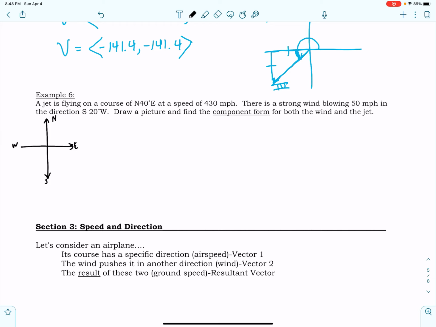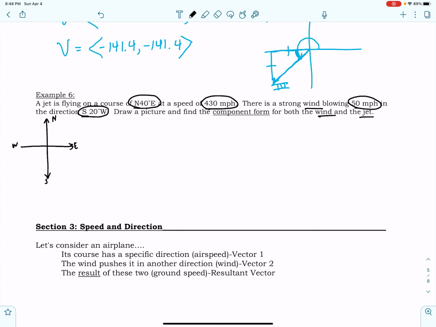So we have a jet flying on a course of north 40 degrees east at a speed of 430 miles per hour. There's a strong wind blowing 50 miles per hour in the direction south 20 degrees west. Draw a picture and find the component form for both the wind and the jet. So you're going to have two answers here, one for the wind and one for the jet.